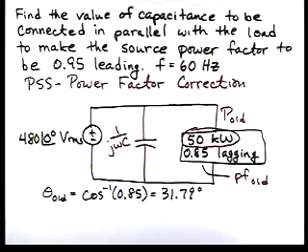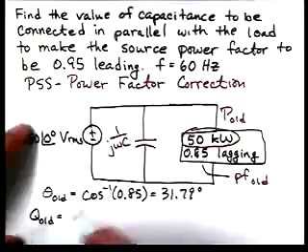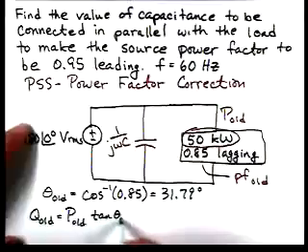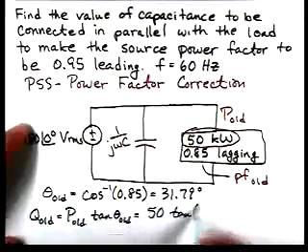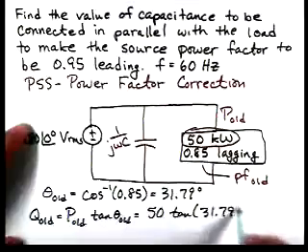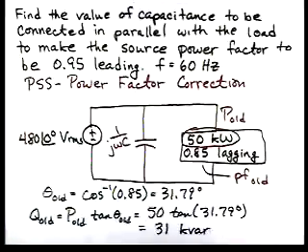So step one of our strategy says find Q old. Q old is P old times the tangent of theta old. So we have 50 times the tangent of 31.79, and that's 31 kilovars. Okay, so there's the value of Q old.